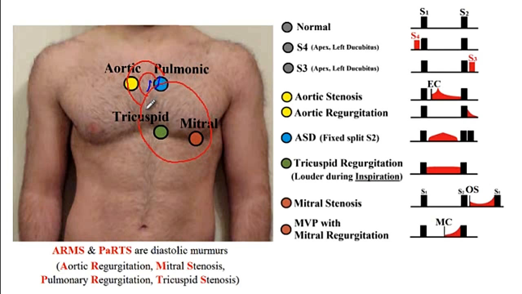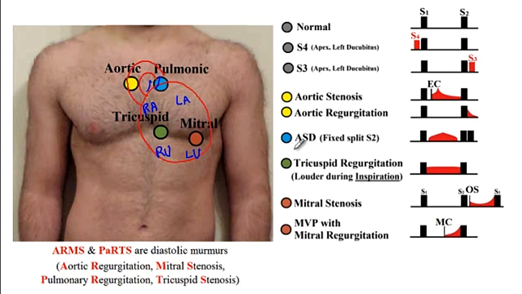Now here we have the right atrium, right ventricle, left atrium, and then left ventricle. So the tricuspid heart murmurs are best heard in the left lower sternal border, which is shown right here in a green circle, and then the mitral heart sounds like mitral stenosis or mitral regurgitation are best heard at the apex of the heart, which is located between the left atrium and the left ventricle.